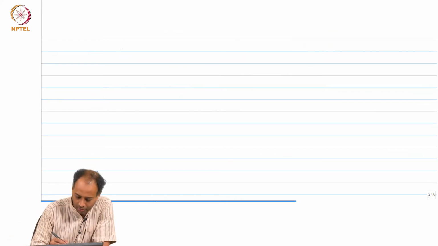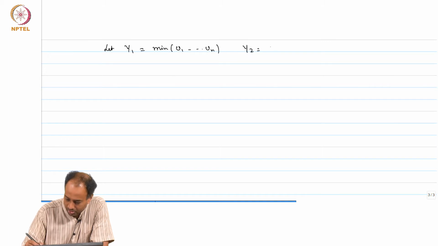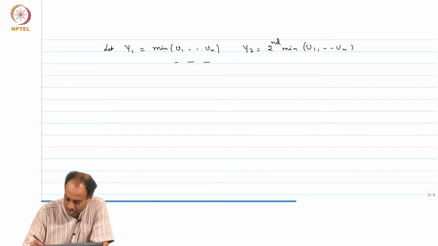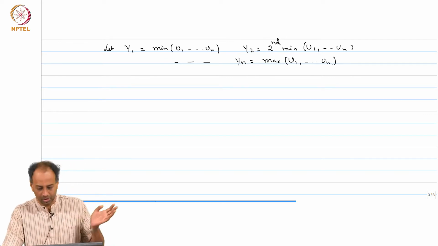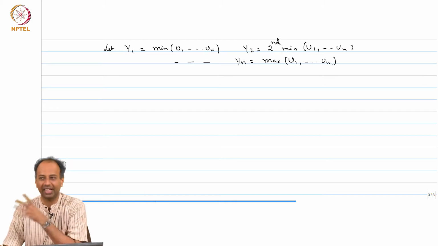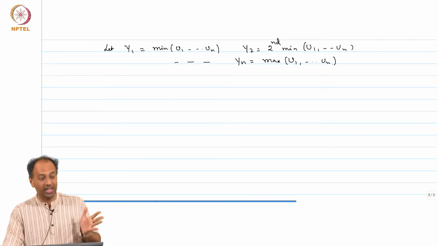So, now order statistics of the uniform, what I mean is that let y1 equal the min of u1 through un, y2 equal the second min of u1 through un, and so on till yn is equal to the max of u1 to un. So, these u1 to un are uniform in 0 to t, and they can be in any order, right. The first one may land here, second one may land here, third one may land here, and so on, but these y's are ordered.